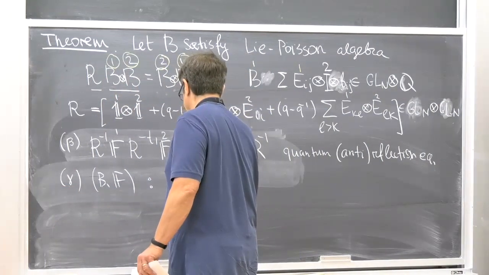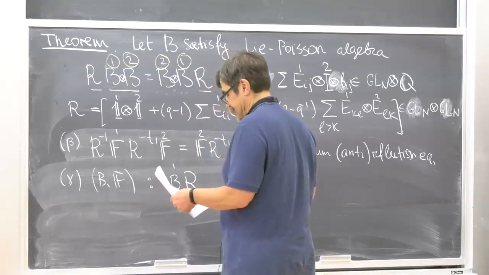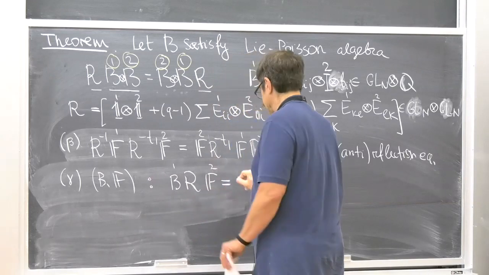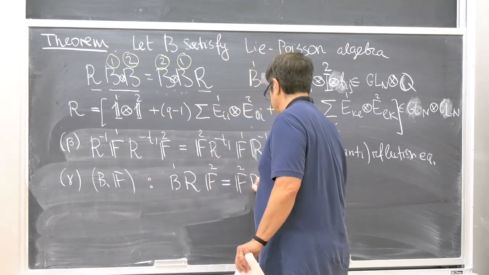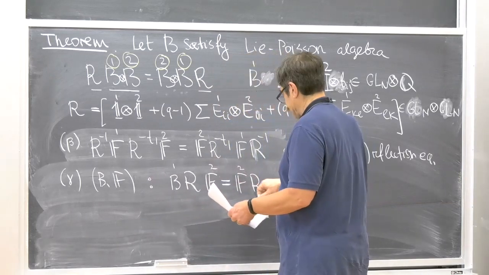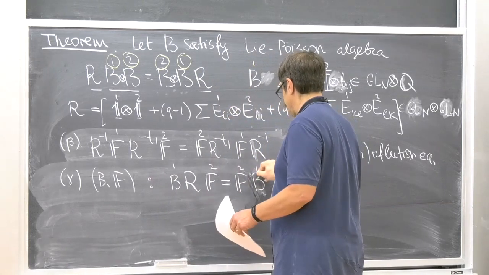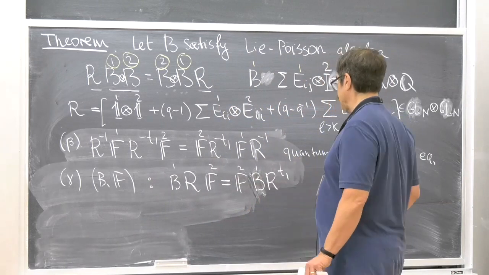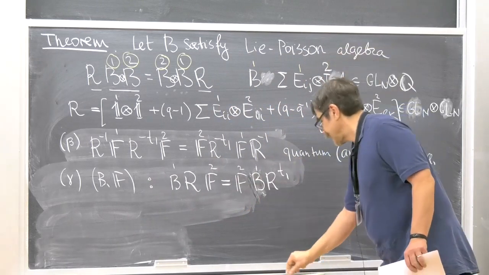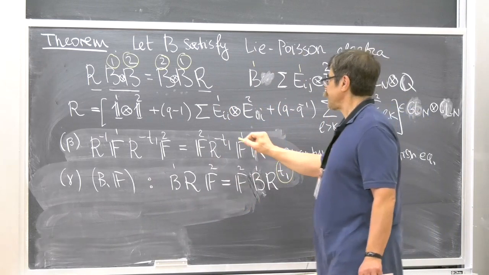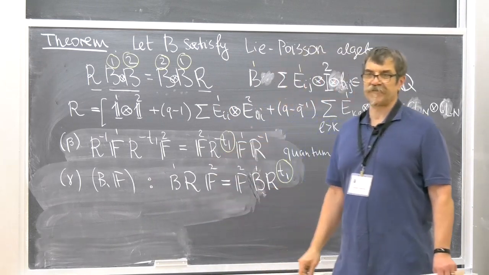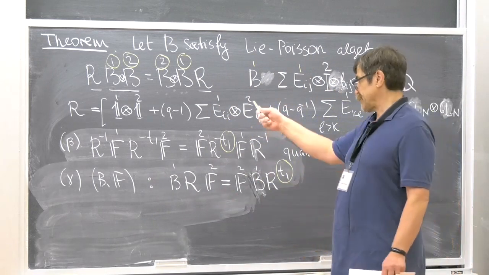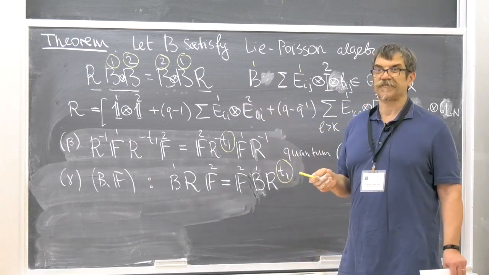So we have B_1, same R-matrix, F_2 is equal to F B_1 R, R^T1 here. The symbol T1 stands for partial transposition, transposition only with respect to the first space. Just formal matrix transposition.